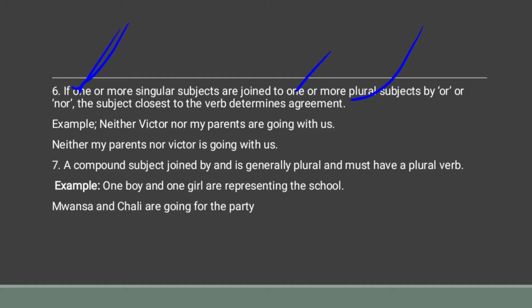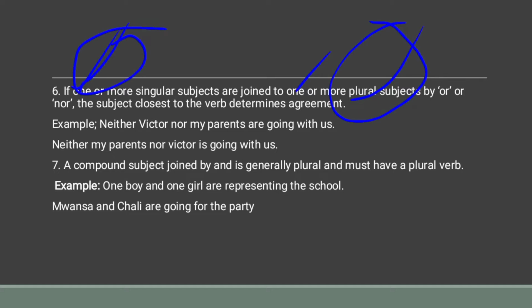So now, look at this. The one which is closest to the verb determines the agreement. Between these two, which one is closest to the verb? That is what will determine the what? The agreement. For example, neither Victor nor my parents are going with us.